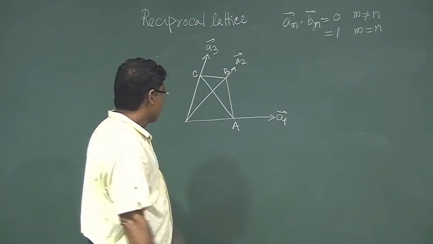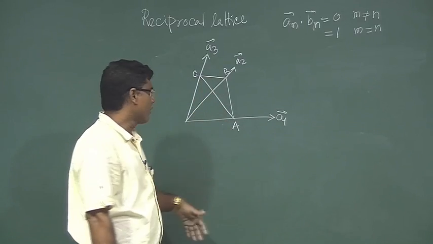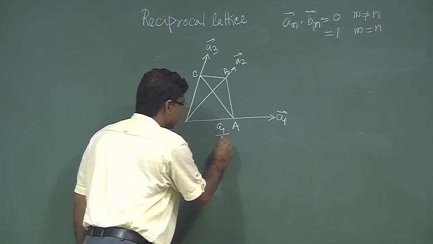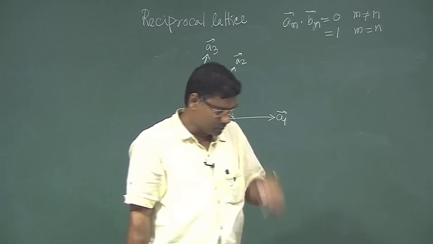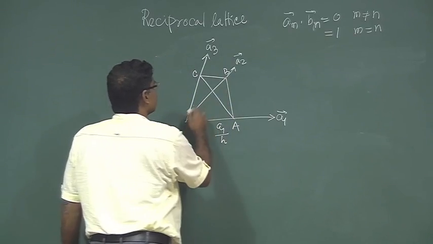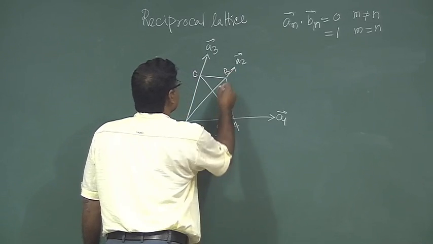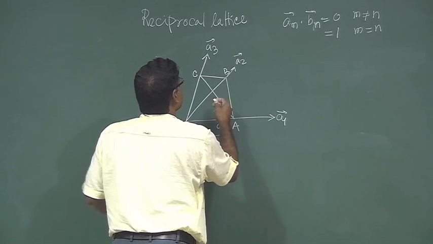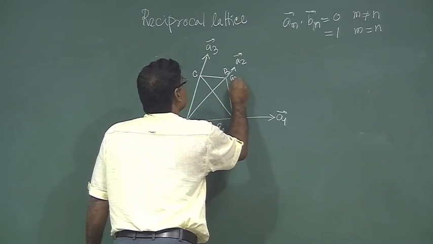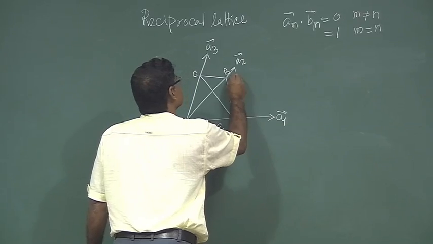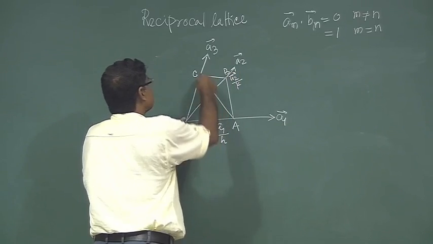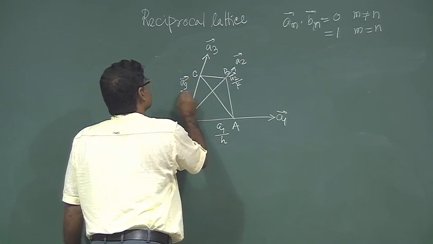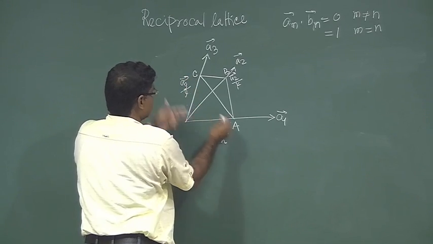Okay. So, it will intersect the A1 axis at A1 by h, right, that we have seen earlier. This intercept will be A2 by k, and this intercept will be A3 by l, right.